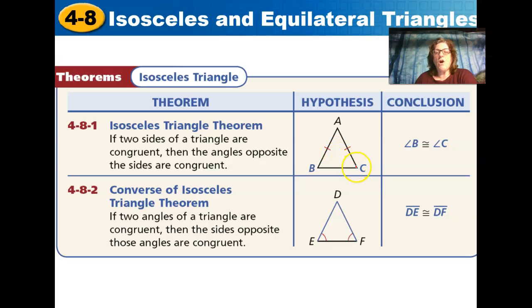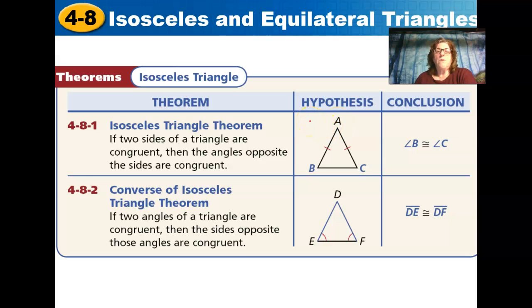The angles that are opposite them are referred to as base angles, and this is the base. So you have two legs and base angles. Angles B and C would be referred to as base angles. And then the angle that is opposite the base is referred to as the vertex angle.